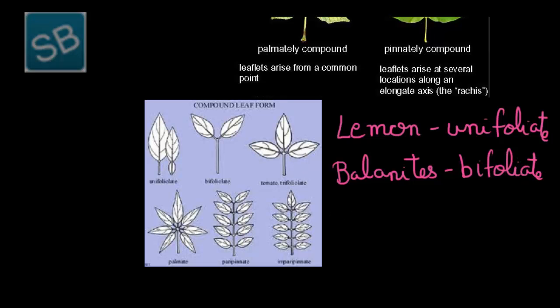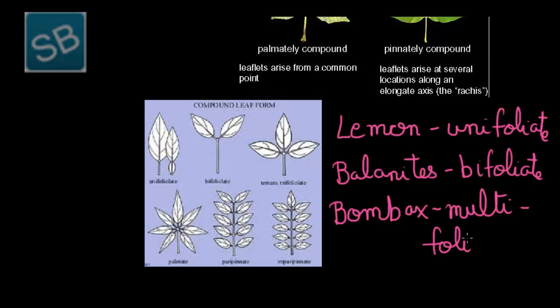Similarly, in Acacia or Bombax, multifoliate leaves occur. This was the classification of palmate compound leaf.